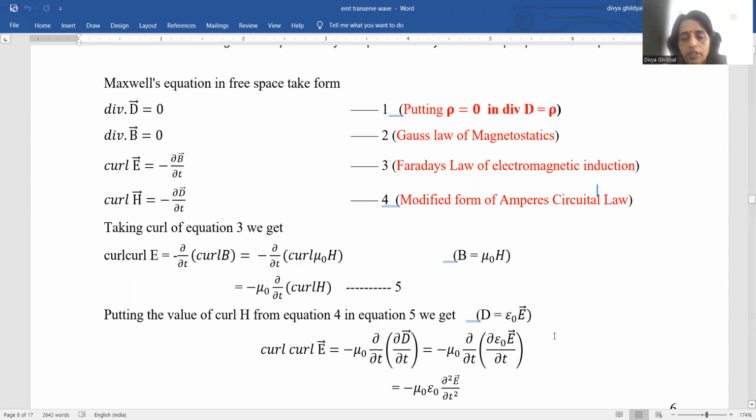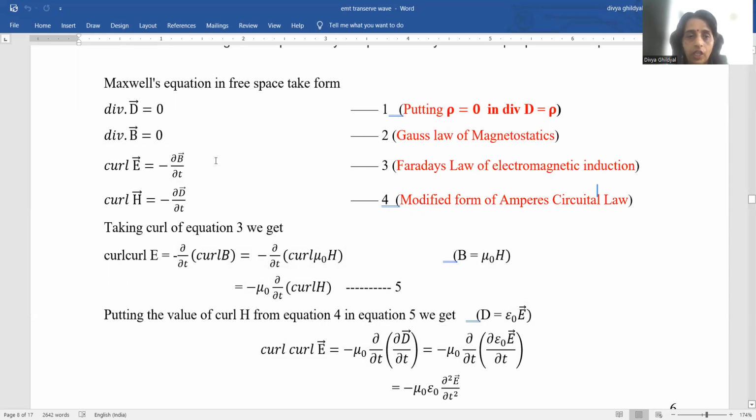So please, you will need to know a few more formulas. In my derivation here, I have written them in brackets. You can take a printout of this first from the link given below in the description box, and then follow me step by step, because this derivation is very lengthy.